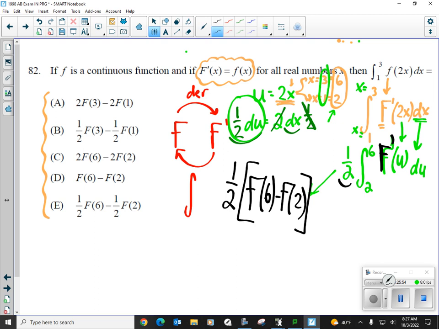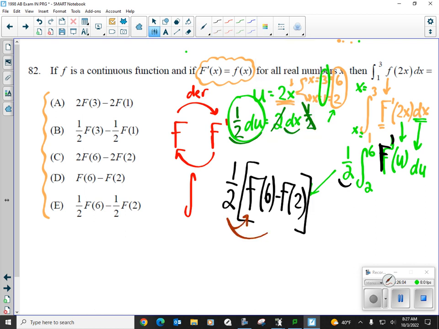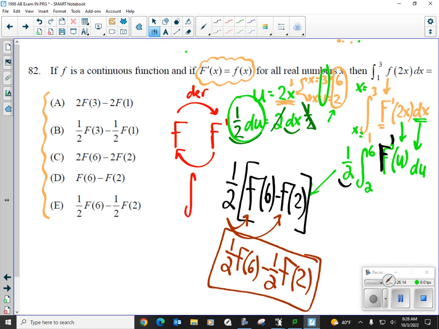What they did, they distributed the 1/2. So it's 1/2 capital F of 6 minus 1/2 capital F of 2. And that there, friends, is my final answer. Choice E. Yeah, man, that's E.